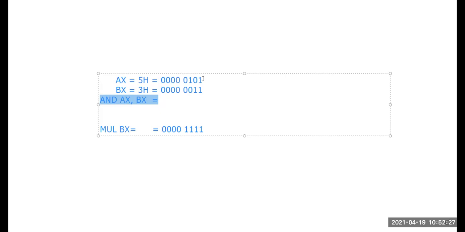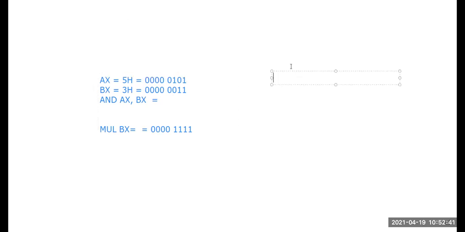For the AND truth table, what we know is A, B and Y: 000, 010, 100, and finally 111.